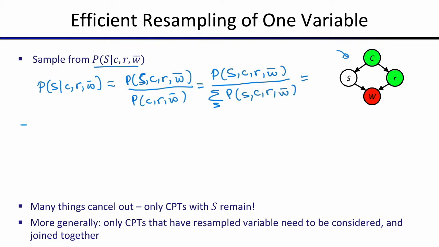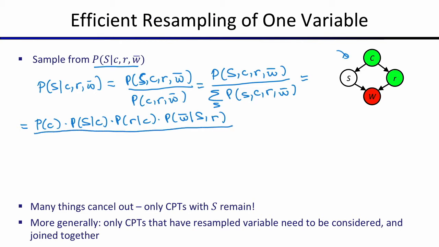Alright, so we now are in position to expand this according to the chain rule of the Bayesian network. So we know that it is going to be the probability of the little c times the probability of the big S given the little c times the probability of the little r given the little c times the probability of not w given the big S and the little r.